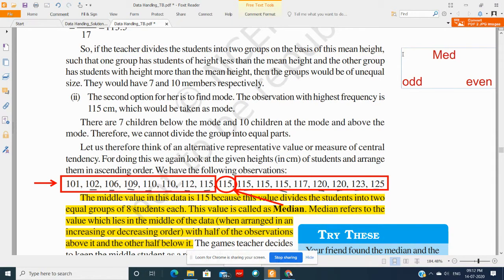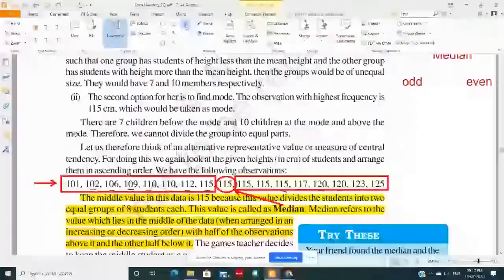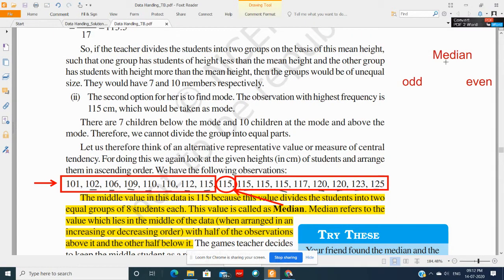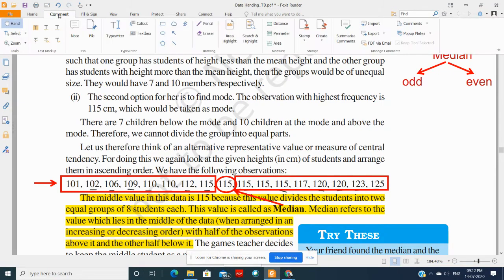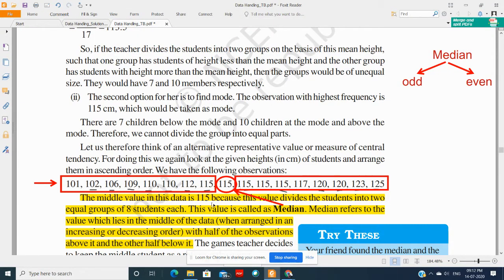So when you want to find the median, either you have even or odd data. In case you have odd data, suppose you are given something like 15. 15 is your odd number. Now, how do we find the middle value?